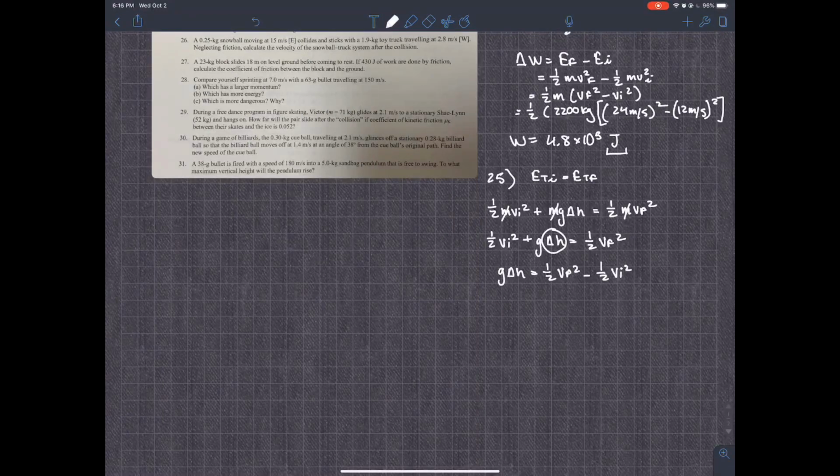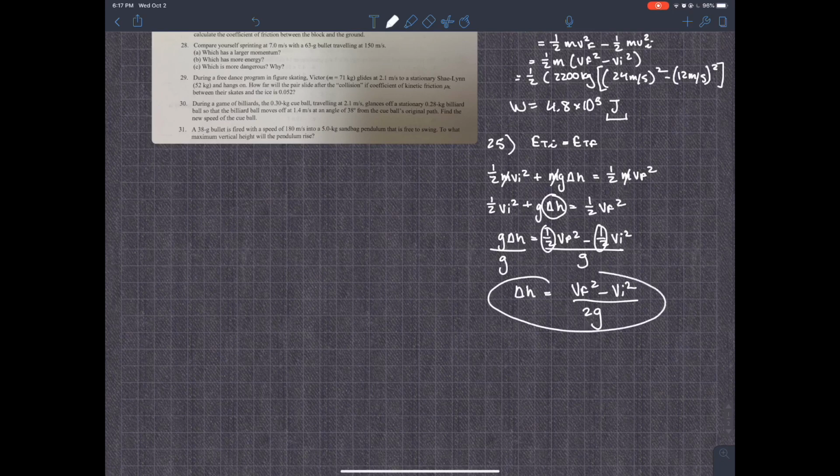Then we divide by g on both sides, and we get delta h equals (vf squared minus vi squared) divided by 2g, because I factored the half out and put it in the denominator as 2, which is essentially the same thing. Okay, so that is our height.